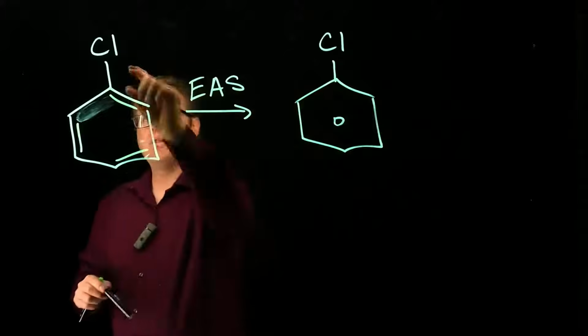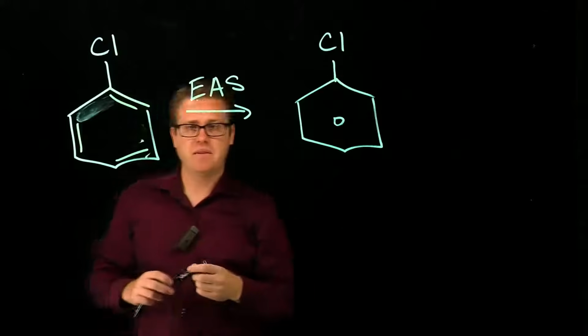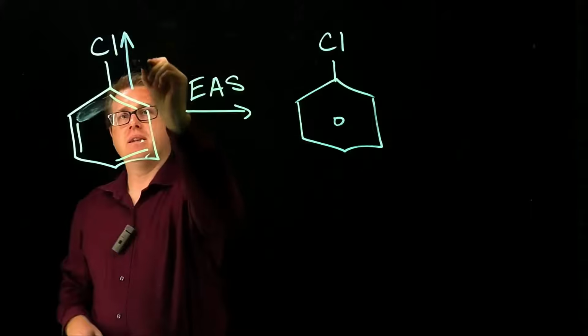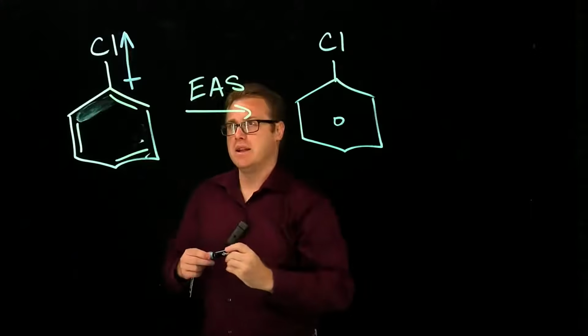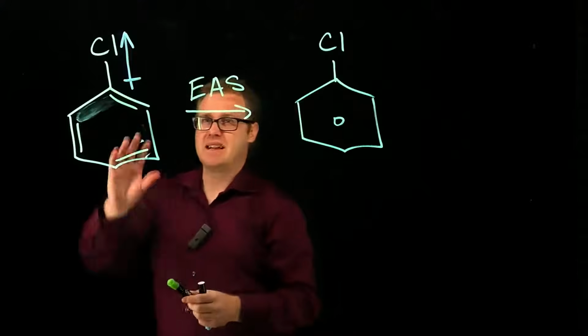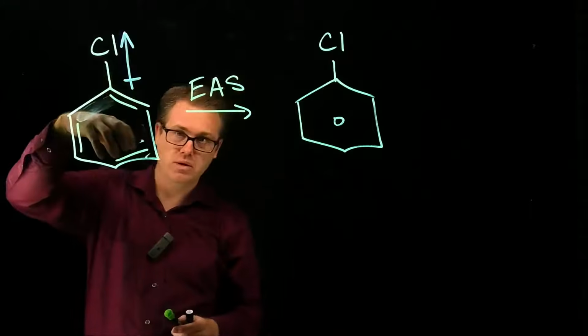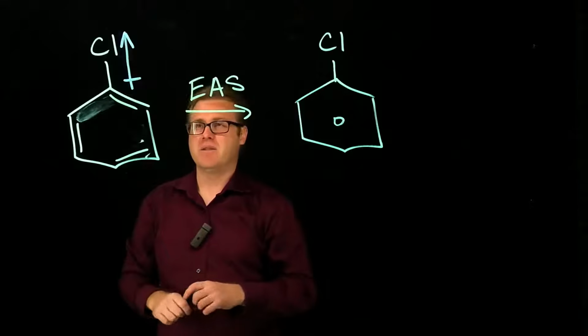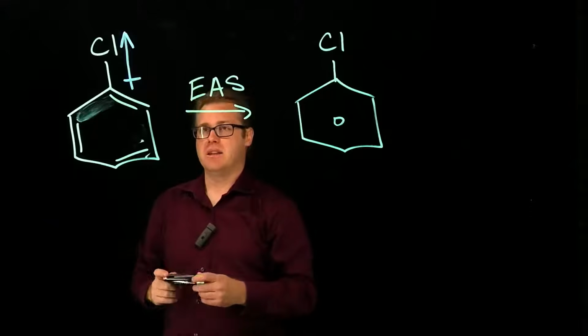So we know that chlorine is a very electronegative atom. And because it's very electronegative, it's going to want to pull electron density towards itself. And so as it does that, it's going to pull some electron density from the ring. So it's going to deactivate the ring by inductive effects.